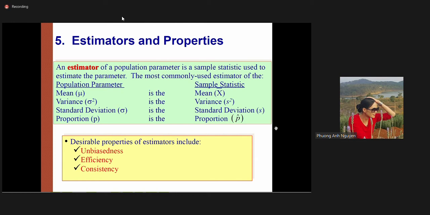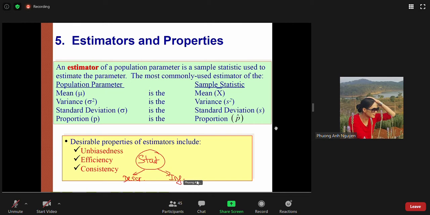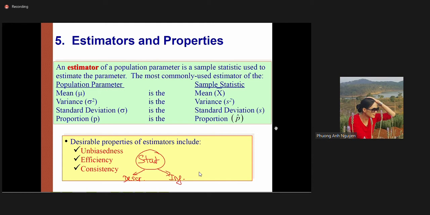You remember that statistics can be divided into two sub-areas: descriptive statistics and inferential statistics. With inferential statistics, we'd like to say something about the parameters from the samples.